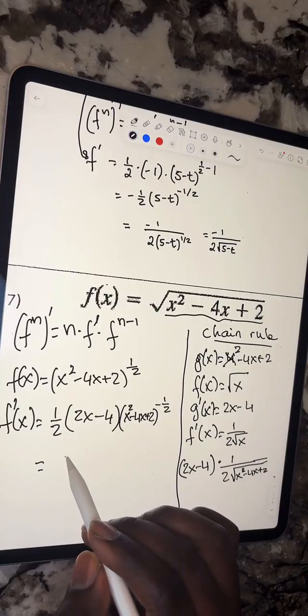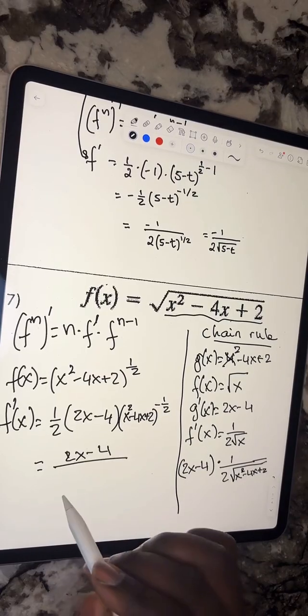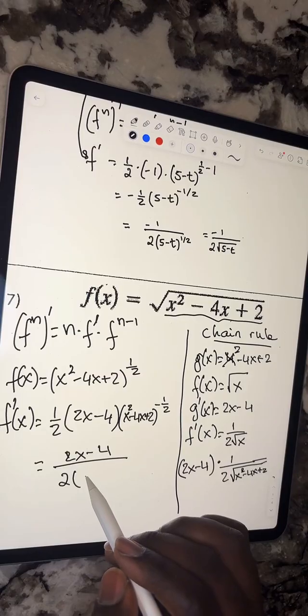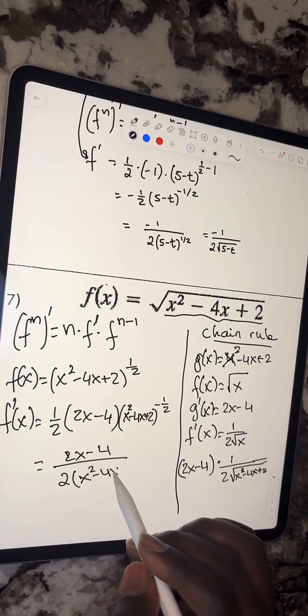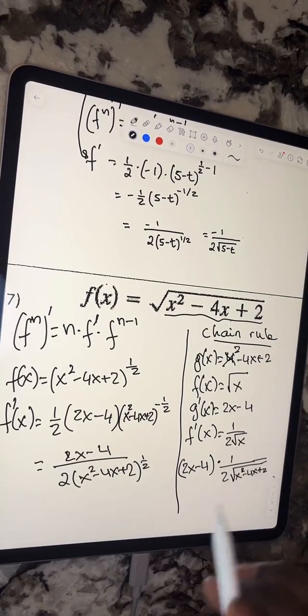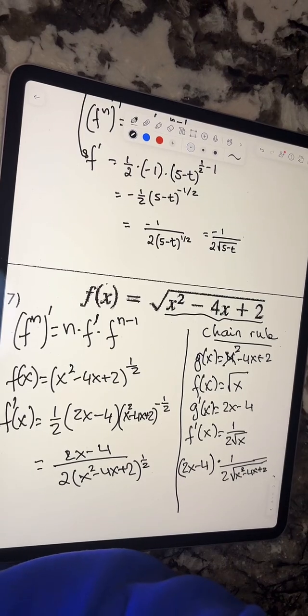So this can be written as 2x minus 4 over 2 times x squared minus 4x plus 2 to the power of 1/2. And to the power of 1/2, that would be square root. Are we all on the same page, guys?